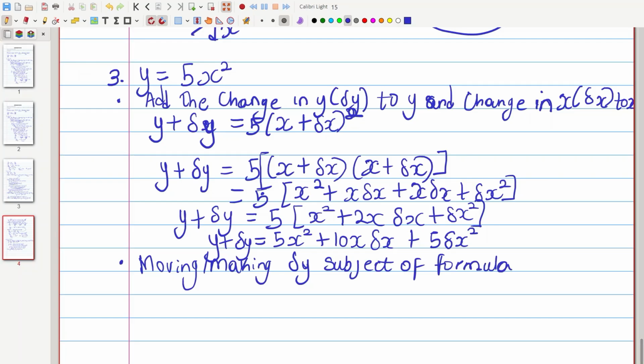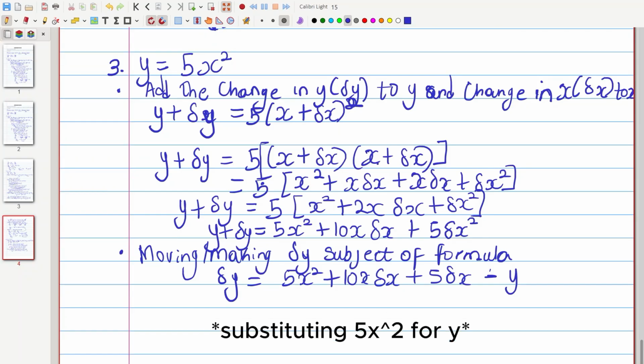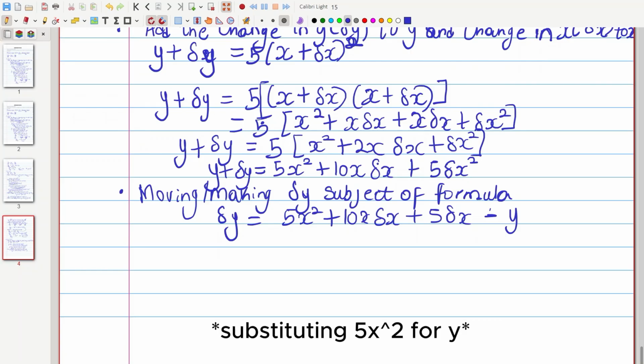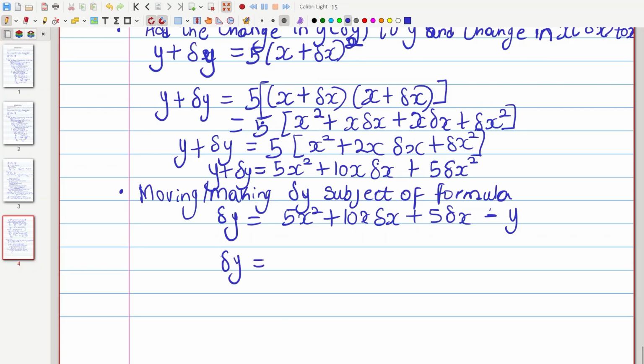So this will be delta y is equals to 5x squared plus 10x delta x plus 5 delta x squared minus y. And let's not forget our question says y is equals to 5x squared. So this will be delta y equals 5x squared plus 10x delta x plus 5 delta x squared minus 5x squared, sorry.